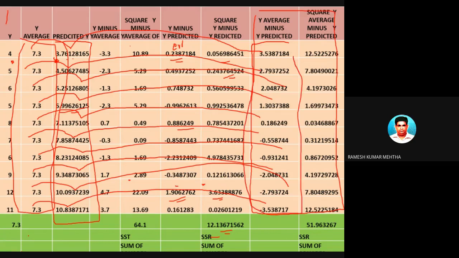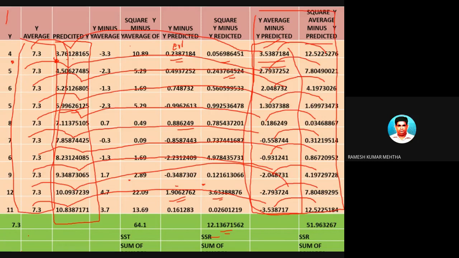Now just square the individual observations. So 3.53 square, 2.79 square, 2.04 square, 1.3 square, 0.86 square, 0.5 square, 0.93 square, 2.04 square, 2.79 square, and 3.53 square. And this is the square of y average minus y predicted.